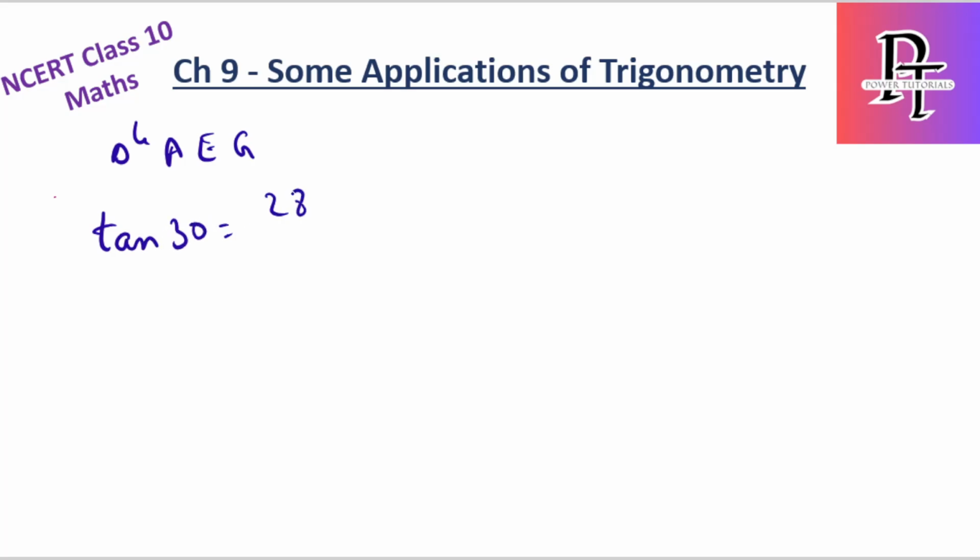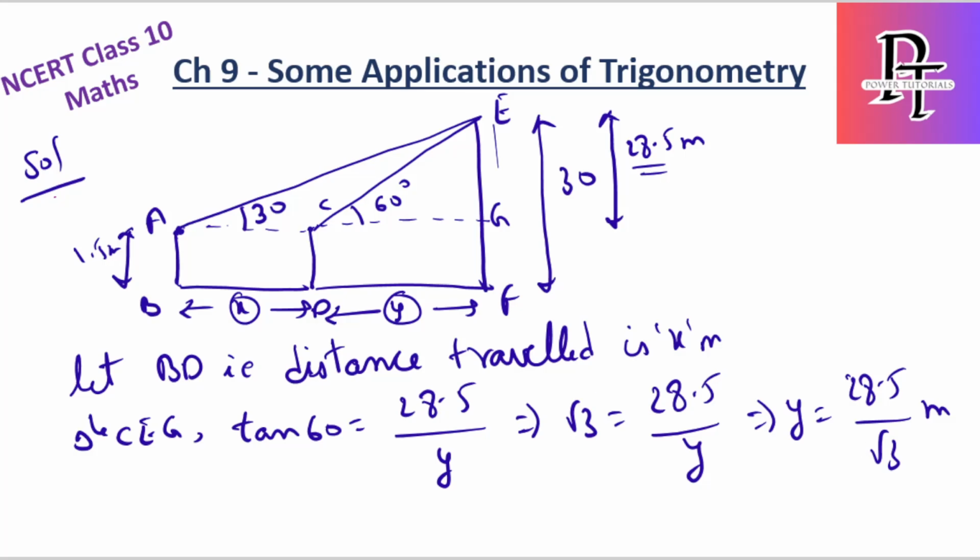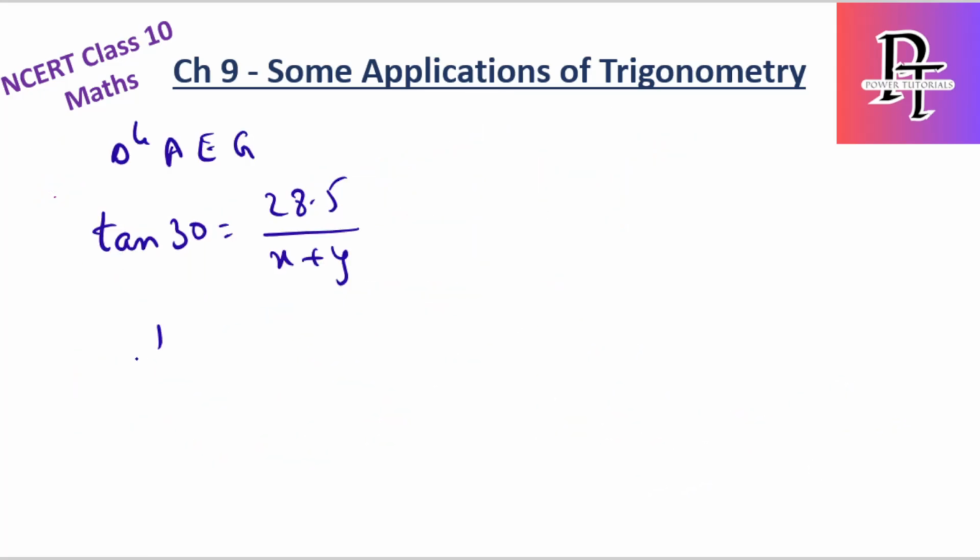Opposite is 28.5, adjacent side is x plus y. But we got the y value: Y is 28.5 by root 3. Tan 30 is 1 by root 3. So 1 by root 3 is equal to 28.5 by x plus y.